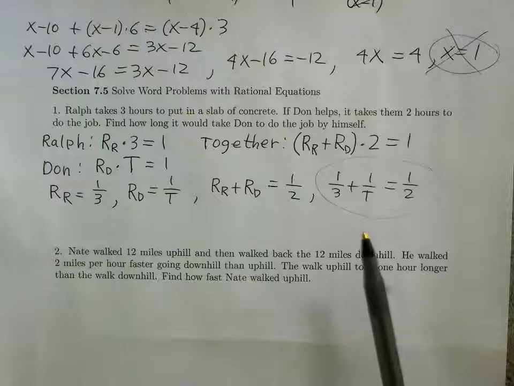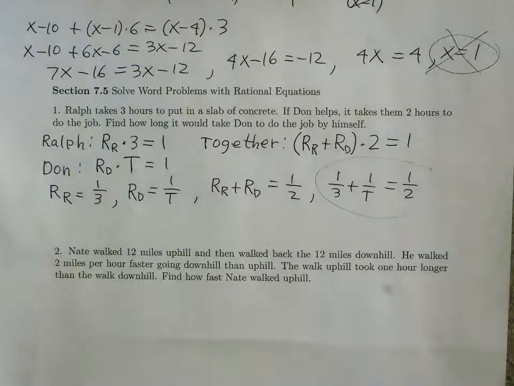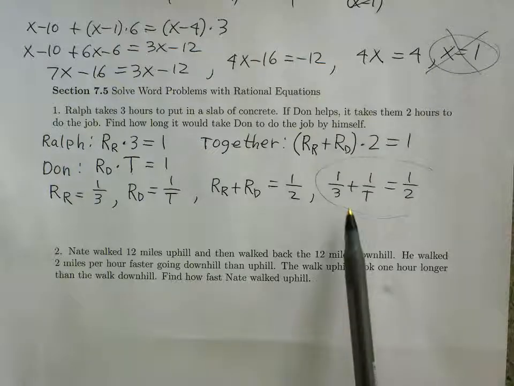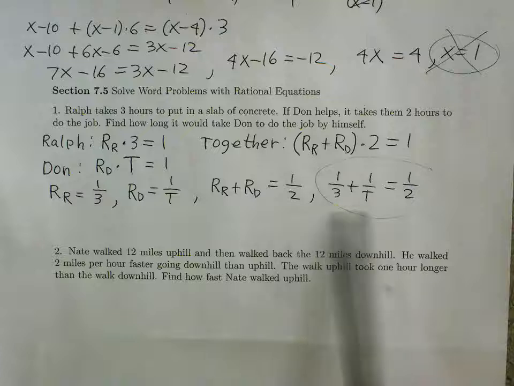We only want to cross multiply if we have a single fraction on each side of the equation. But the left-hand side has a sum of two fractions. So in its current state, we can't cross multiply.